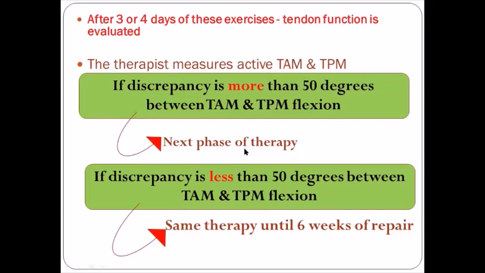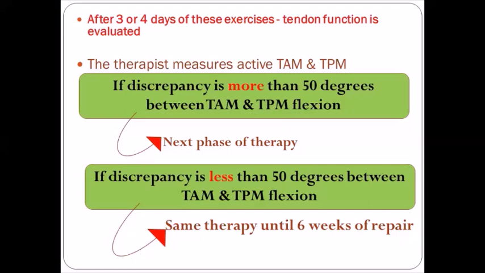If the total passive motion is better than the total active motion, and if the difference is more than 50 degrees, that means adhesions have formed in the tunnel. Now, if adhesions are formed in the tunnel, when the patient does any active contraction of muscle, it is not going to give any load over the suture.